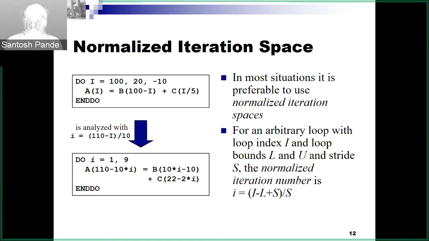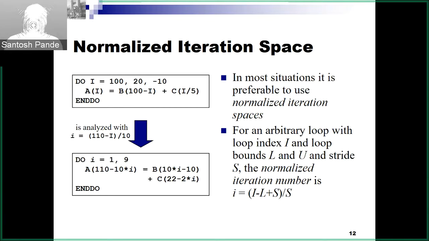Sometimes you take a loop and cut it up into pieces because it may not have good locality, and the smaller pieces might have better locality. For all those reasons, you really need the normalization, especially for fusion and so on.